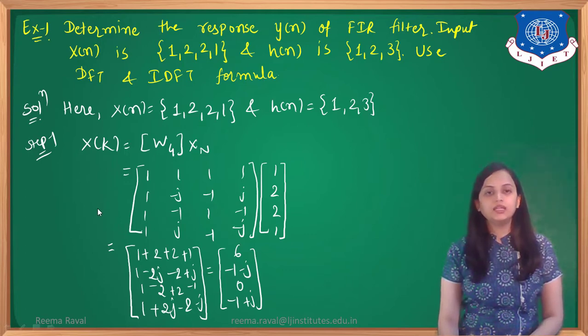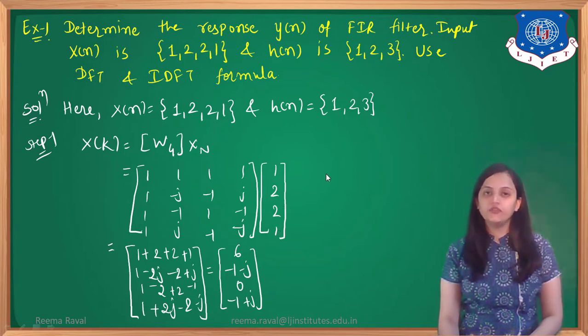Same way now we multiply the third row with this column for the respective values. So we'll get 1 into 1, 1, minus 1 into 2, minus 2, plus 1 into 2, 2, minus 1 into 1, minus 1. And the fourth row will be 1 into 1, 1, j into 2, plus 2j, minus 1 into 2, minus 2, minus j into 1, minus j.